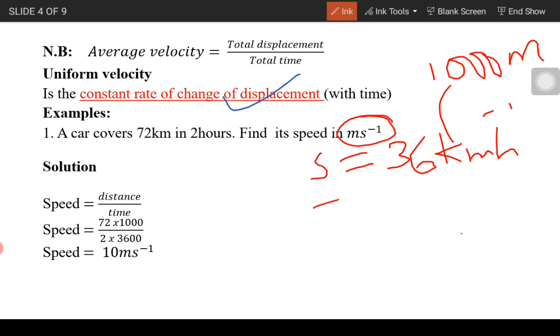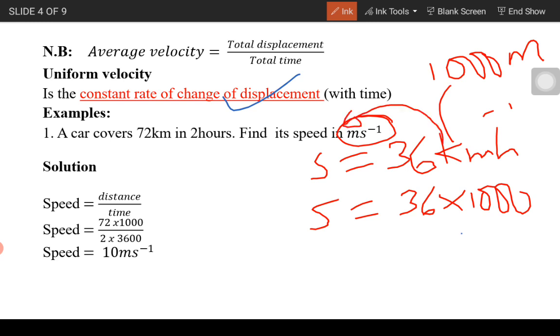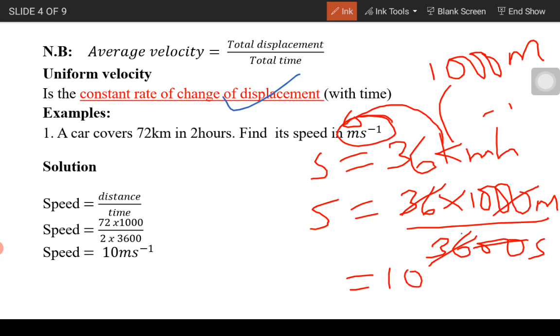So this gives us 36 times 1000, because we are converting kilometers to meters first, then per hour. So we are dividing by 3600, because in 1 hour there are 3600 seconds. This is meters, this is seconds. So 36 goes with 36, 2 zeros cancel with the 2 zeros, and we remain with 10. So the answer is 10 meters per second.